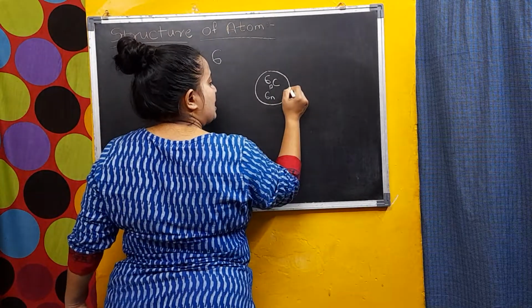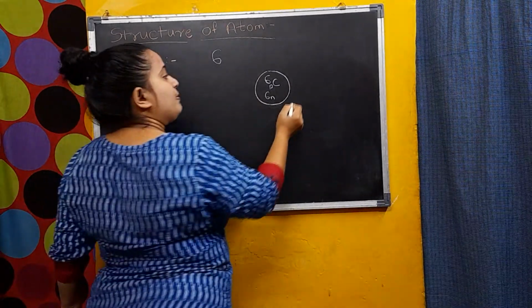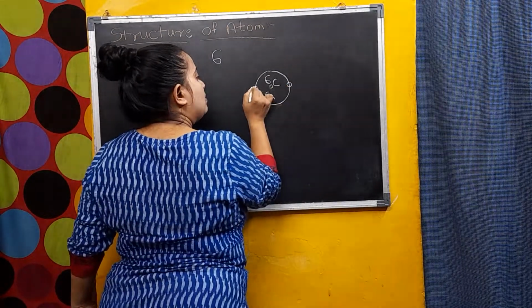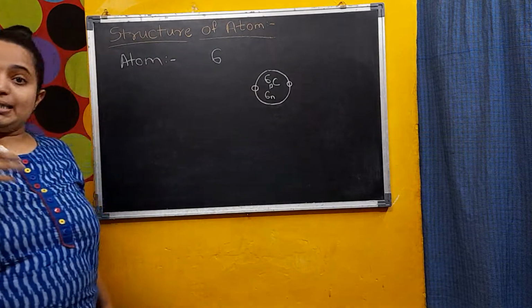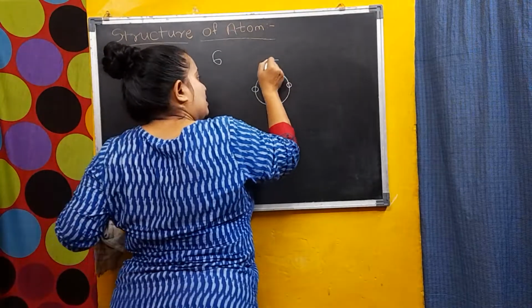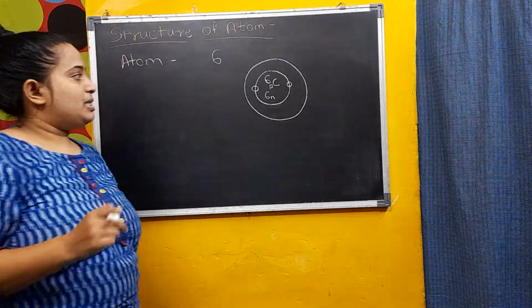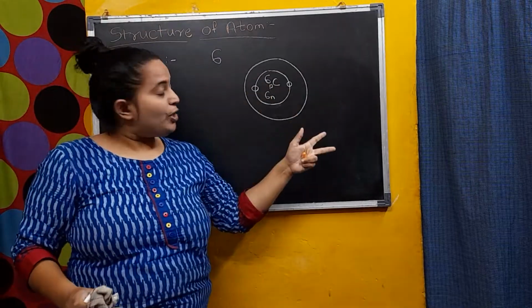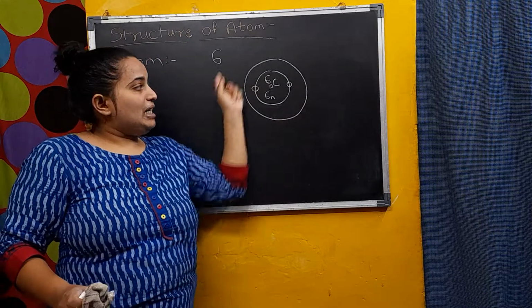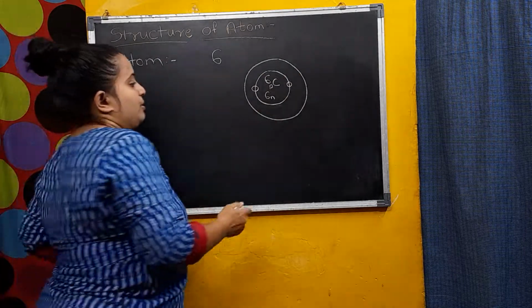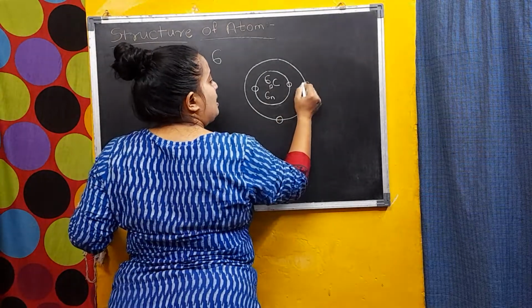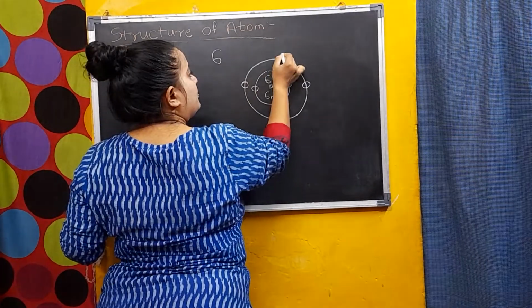This shell is known as the first shell. There will be 2 electrons there. If I subtract 2 from 6, then 4 electrons remain. So in the second shell, there will be 4 electrons.